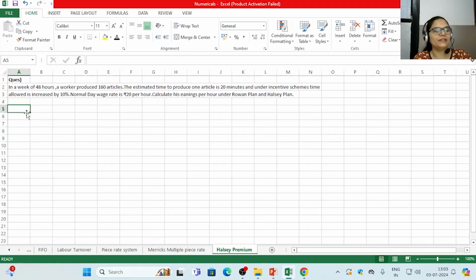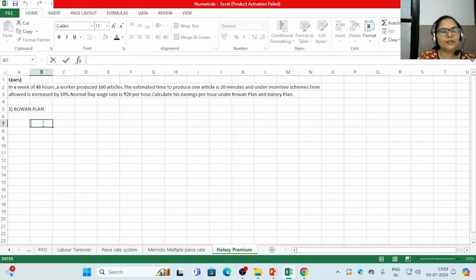First of all, we will calculate his earnings under Rowan plan. As per Rowan plan, first of all, we will do the basic calculation. We know the estimated time per unit given in the question is 20 minutes.